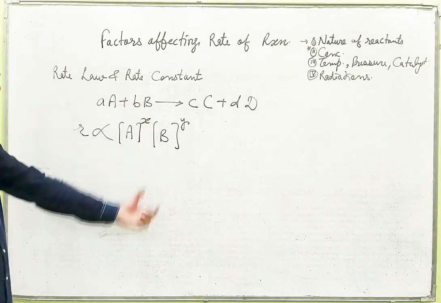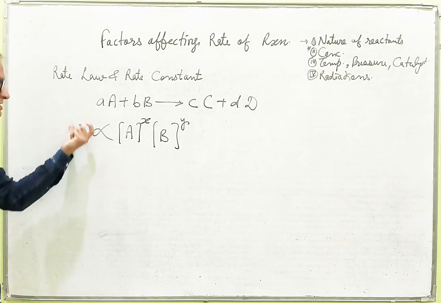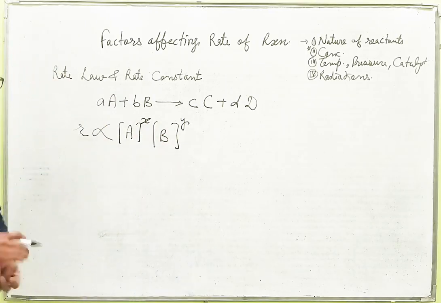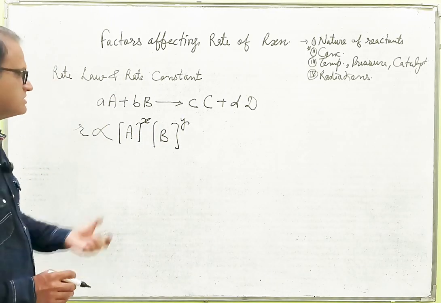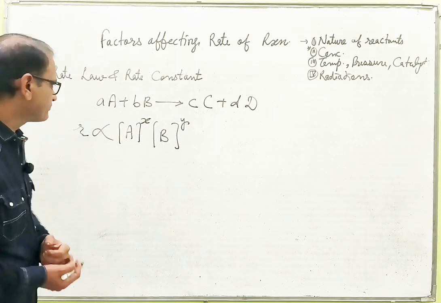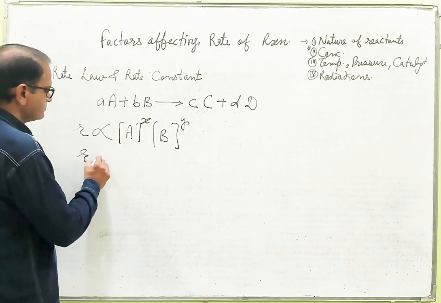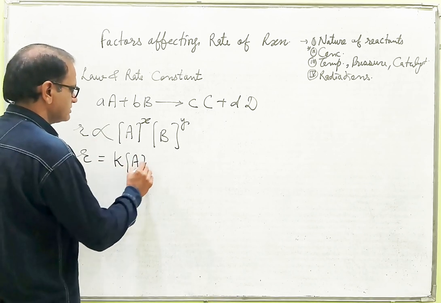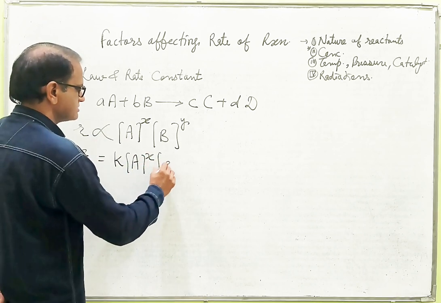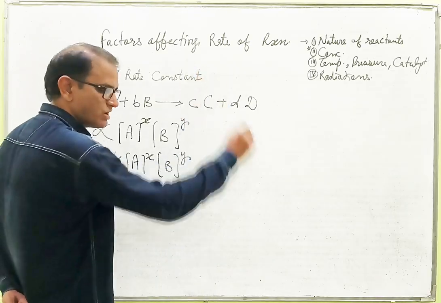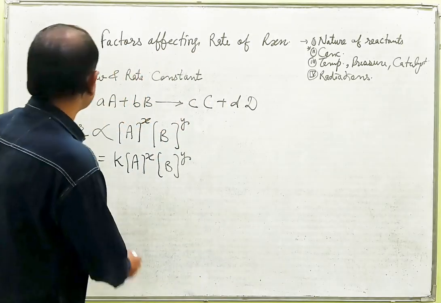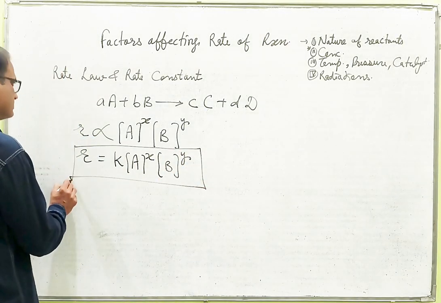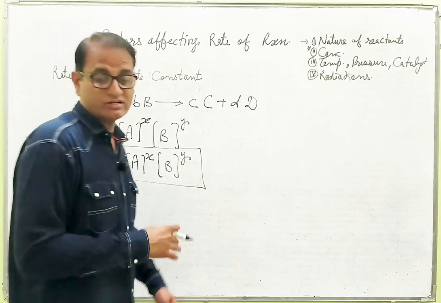What it is expressing is the relationship between rate of reaction and the concentration of reacting species raised to some specific powers. Or we can say R is equal to K, concentration of A raised to power x, concentration of B raised to power y. So this is what is known as rate law, rate expression, or rate equation.